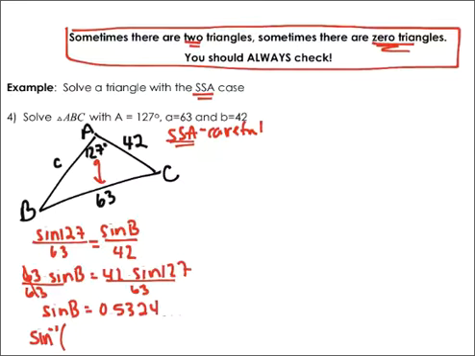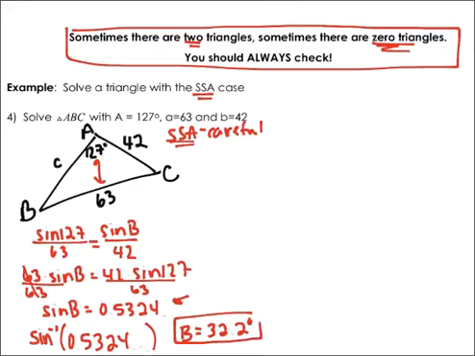And then hopefully you didn't clear that number off, the 0.5324, because then you can just use the up arrow and hit enter, and so after you have the inverse sine or arc sine, you can just paste or copy this number after it. When you do that, you're going to find that angle B is equal to, and we'll round to the nearest tenth, 32.2 degrees. So go ahead and try that.